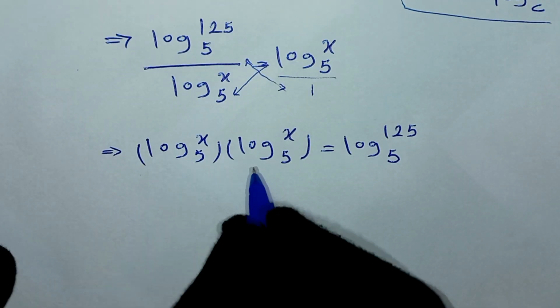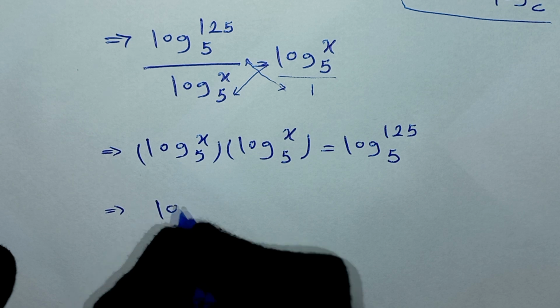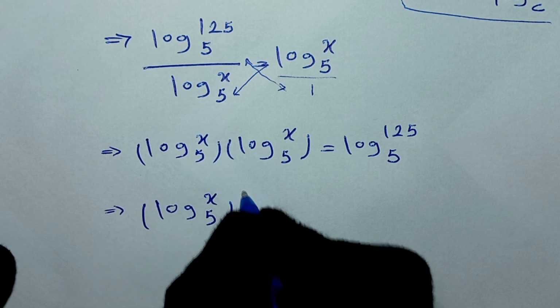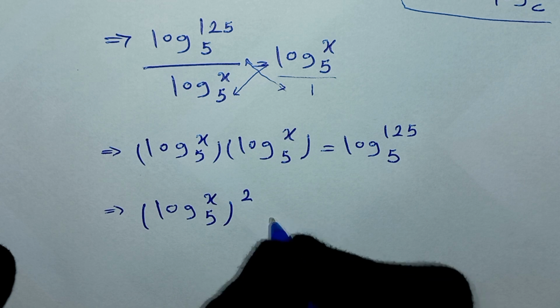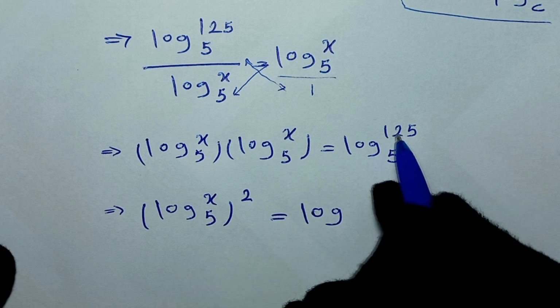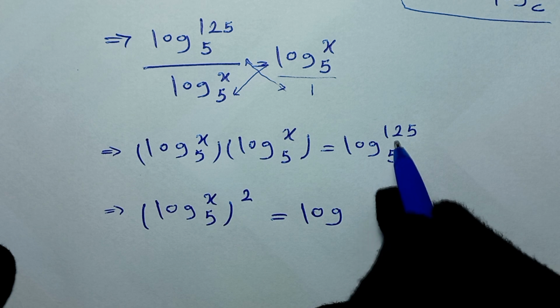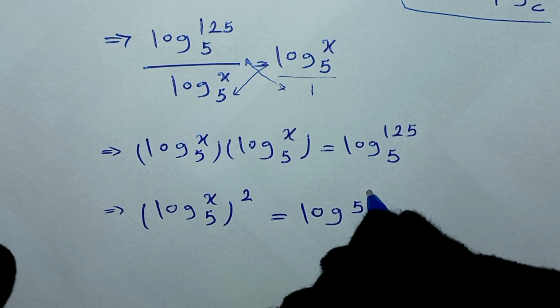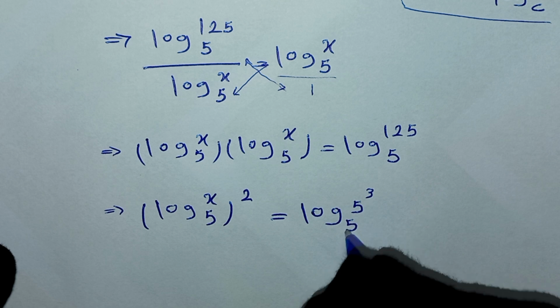And in here, it will be log of x to base 5 to the power of 2 is equal to log of 125 to base 5. And we can write this 125 as 5 to the power of 3 to base 5.